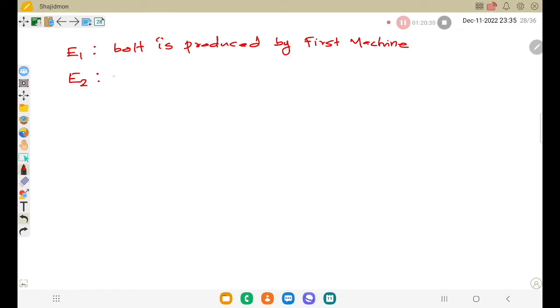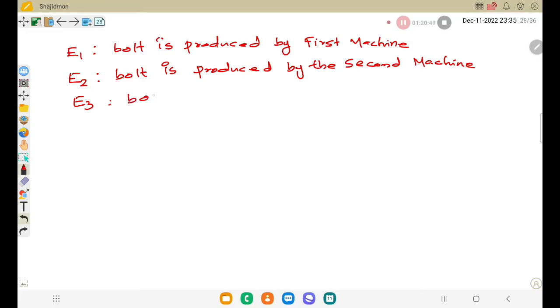So E2, bolt is produced by the second machine, and E3, the bolt is produced by the third machine, correct? By the third machine. Okay.